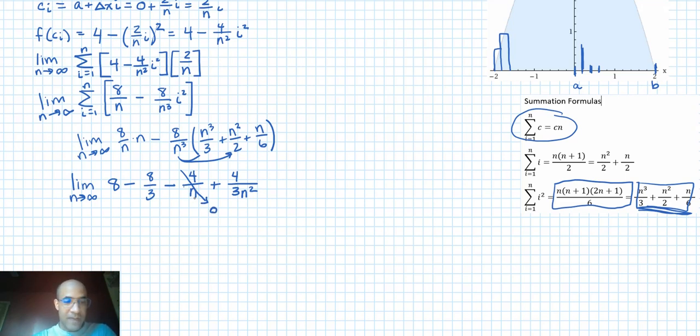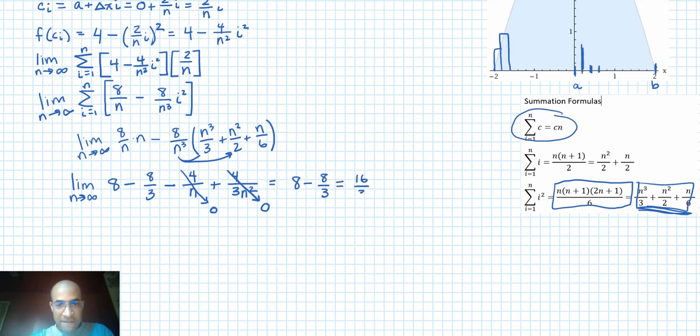So it's going to be 4 divided by some very, very large number, and that's just going to go to 0. Same thing for this term. Because of that n squared in the denominator, this term just goes to 0. So all I'm left with, and I've just done the limit, so I don't need the limit notation anymore, is 8 minus 8 over 3. I just got to figure out what 8 minus 8 over 3 is. 24 over 3 minus 8 over 3 is 16 over 3.